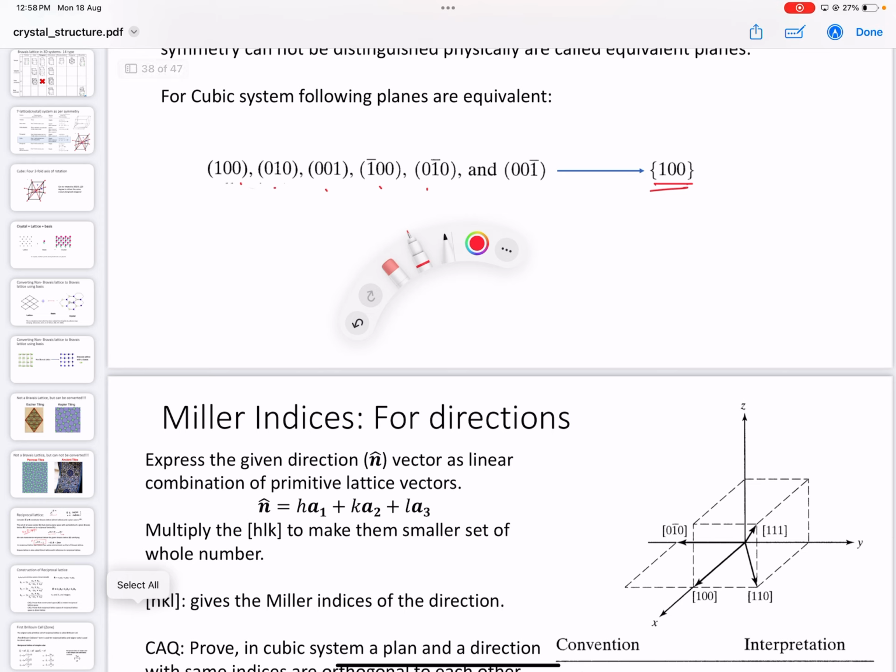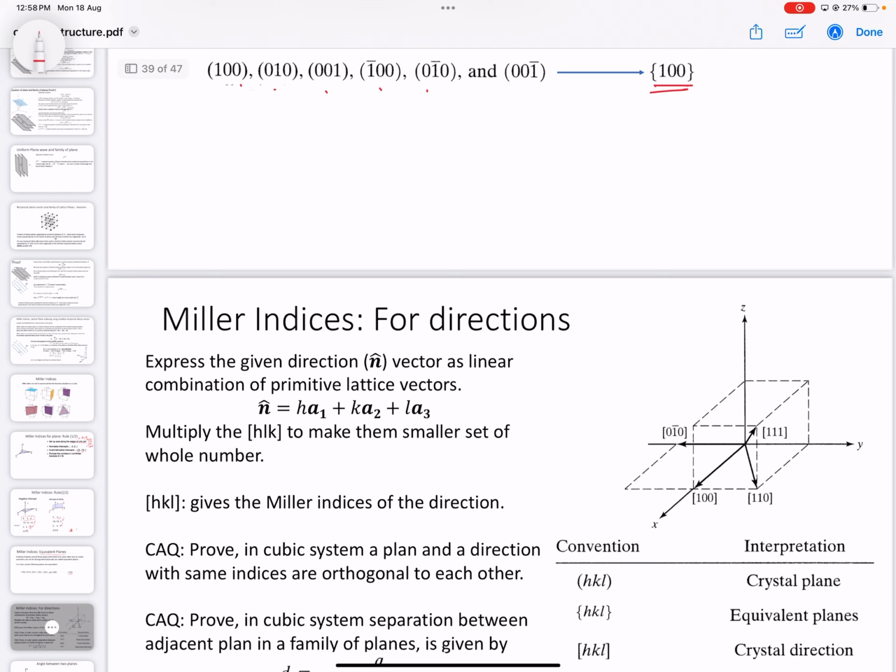Similar to the Miller indices, we have Miller directions, right? We got the Miller indices for a plane, right? Now we can say, if I have any vector n, any direction, it can be decomposed in a1, a2 and a3, the direct lattice primitive vectors, with coefficients H, K, L. I can decompose any direction in real space in terms of the primitive lattice vectors.